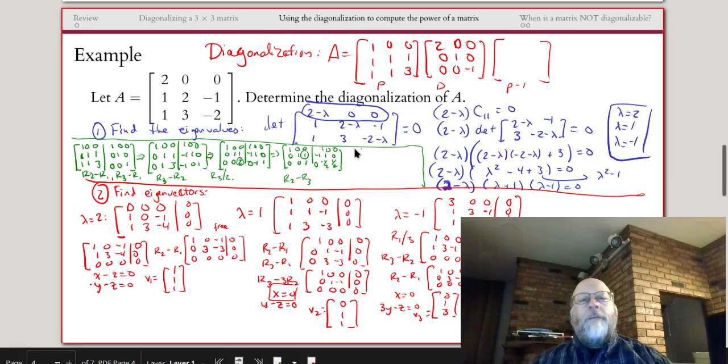That's going to give us 1, 0, 0, 1, 0, 0, 0, 1, 0. Negative 1 minus 0 is still negative 1. 1 minus negative a half is 3 halves. 0 minus a half is negative 1 half.